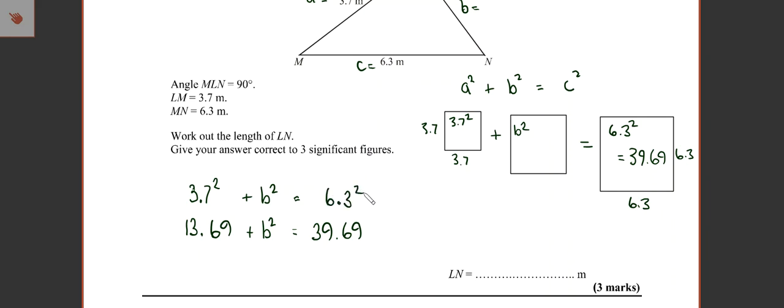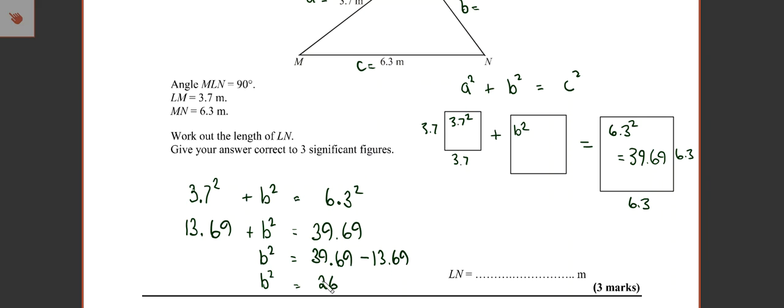And how do we therefore figure out the one we want to know? Subtract 13.69. Exactly. So we do 39.69 subtract the 13.69, and that will leave me with b squared. So b squared is equal to 26. Okay.